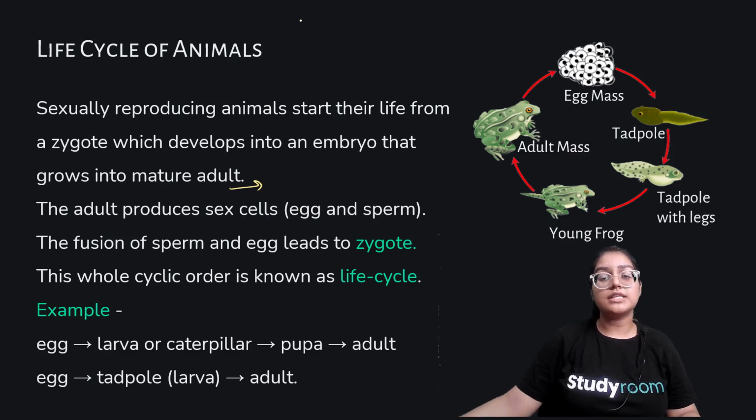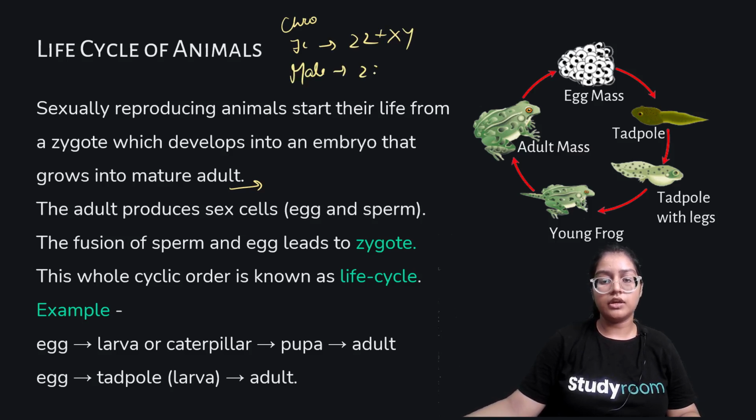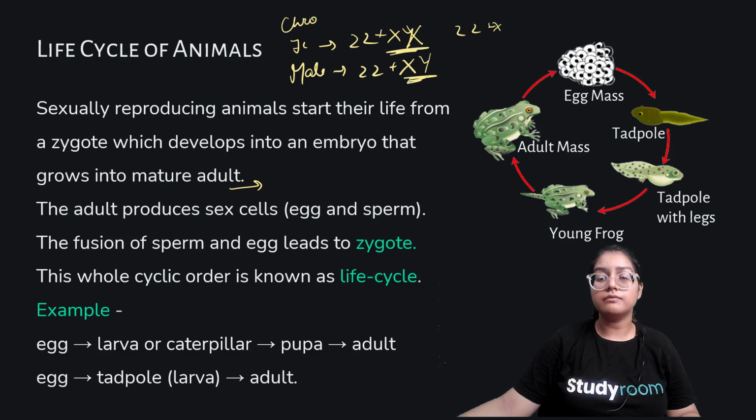For example, the chromosome content of a female is 22 plus XX, and of a male is 22 plus XY. So female is XX and male is XY. This is why XX means you are female, and XY means you are male.